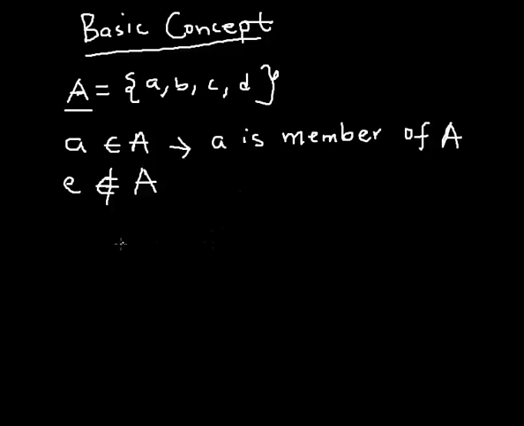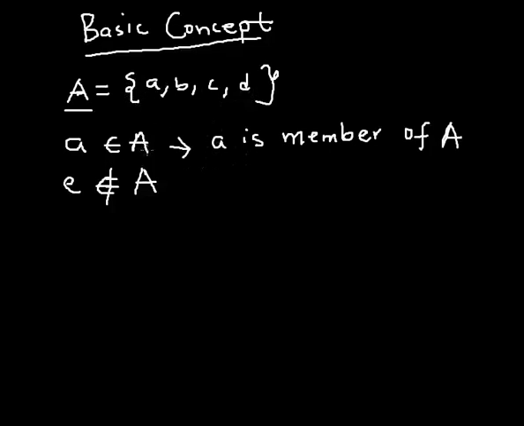So that is how we show that an object is an element of a set, or is not an element of a set. Now the elements of a set, as we already know, are separated by commas, and they are all enclosed in braces. Please take note, it's not brackets. There is a difference between braces and brackets.